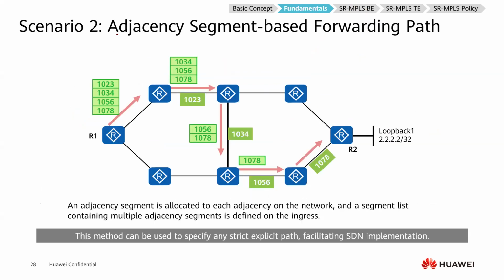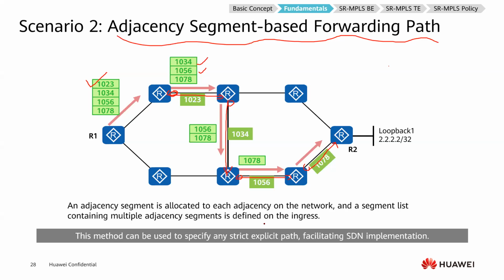Second is adjacency-segment-based forwarding, which means I do the forwarding based on each device's interface. For example, 1023 sends out from this interface, and the next one, 1034, sends down, and then 1056 sends out from this interface. If you are familiar with RSVP-TE, this is what we call the strict explicit path.